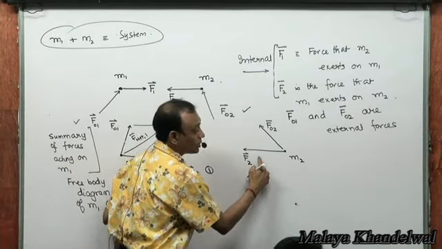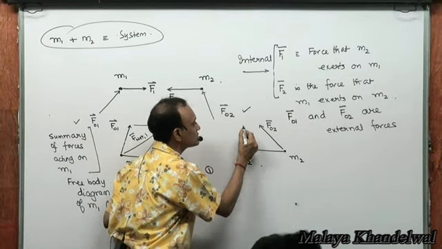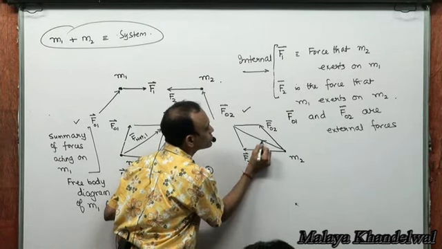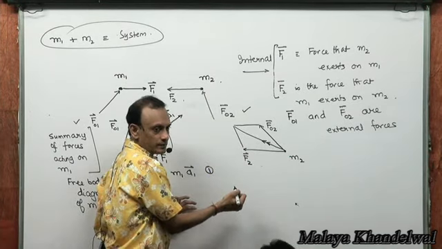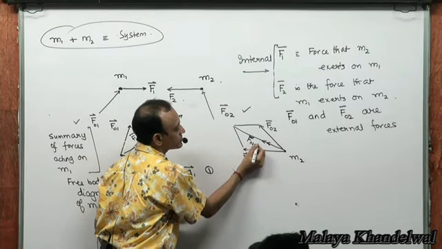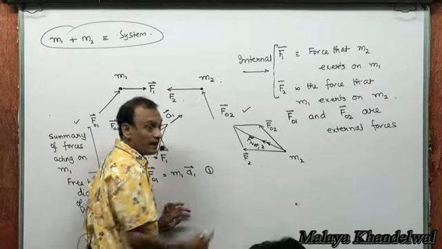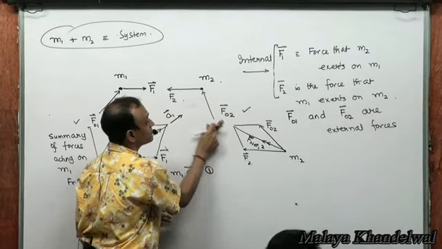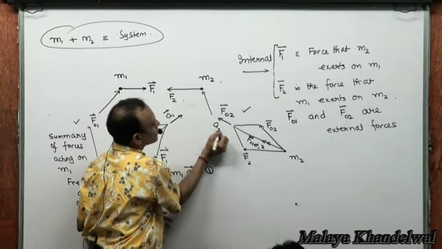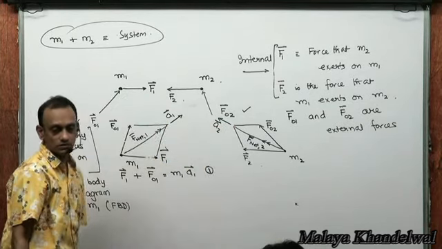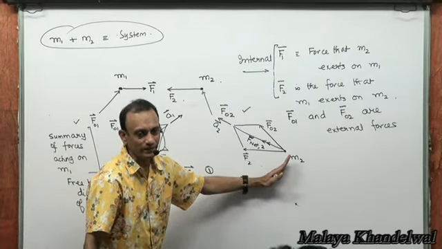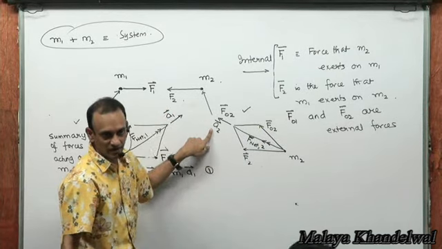The net force acting on M2 would be the resultant of these two forces, F net 2. If this is the direction of the net force acting on M2, the acceleration of M2 would be in the same direction, A2. This is my free body diagram of M2. This is the cause and this is the effect.